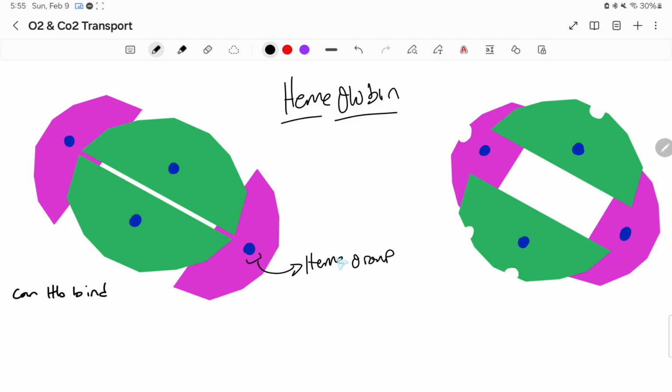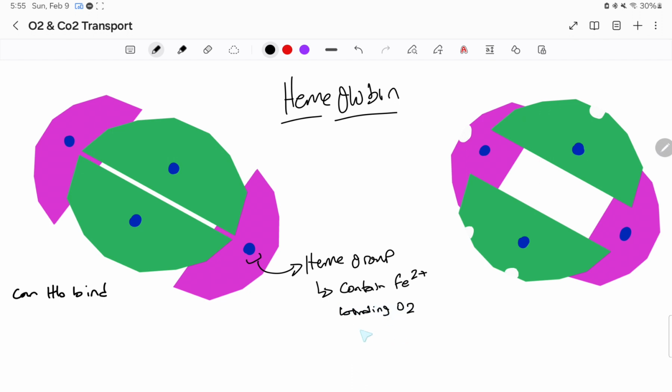And if you guys know, heme group in this scenario has an iron in it. Heme groups have iron. So they contain an iron, specifically in the 2+ state. So this is a ferrous iron. This iron is what's actually binding the oxygen.